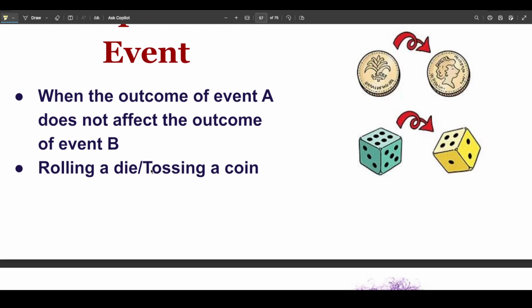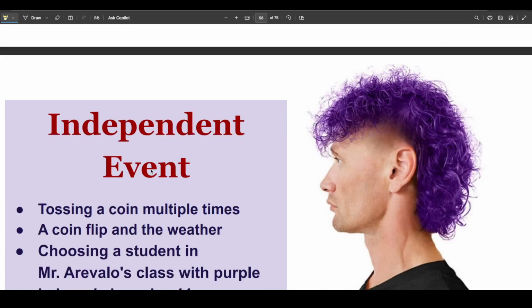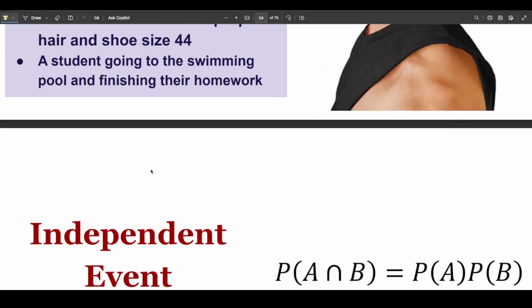For example, in rolling a die and tossing a coin, the outcome of each one ideally is not going to impact the other one. So these two events are independent events. So what does it mean when you see the term independent event?